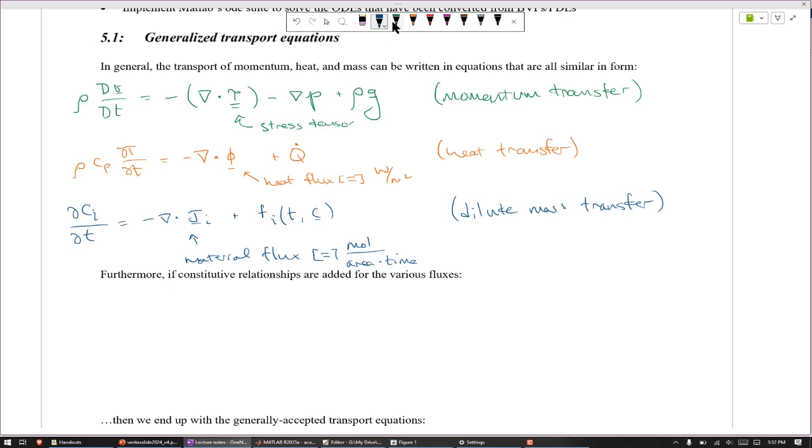So Isaac Newton is a pretty smart dude, and he came up with the relationship between your stress tensor and the gradient of your velocity, right? So that's minus some constant mu times del v plus del v transpose, right? And that's for Newtonian fluids. And of course, mu there, that constant, is your viscosity, right?